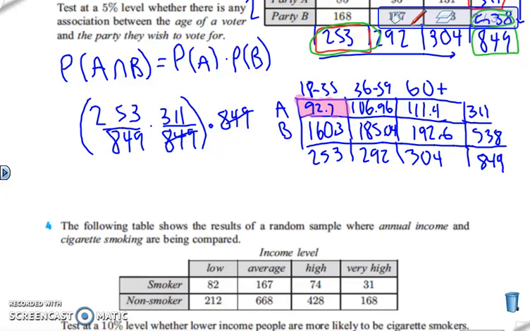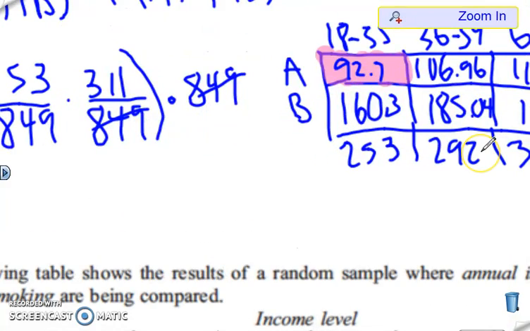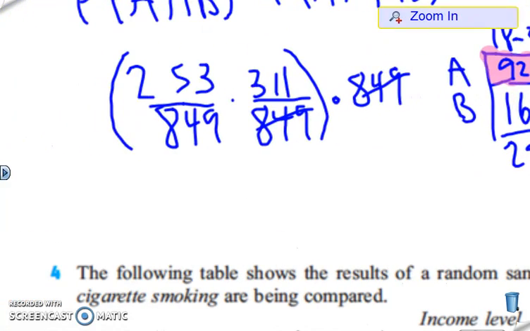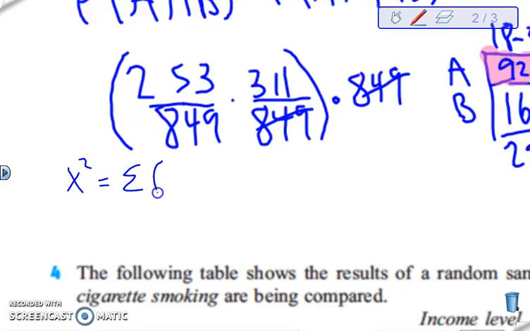If we remember from the previous page, the formula for calculating your chi-squared is that we're going to take the sum of observed minus expected squared and divide that by the expected frequency.